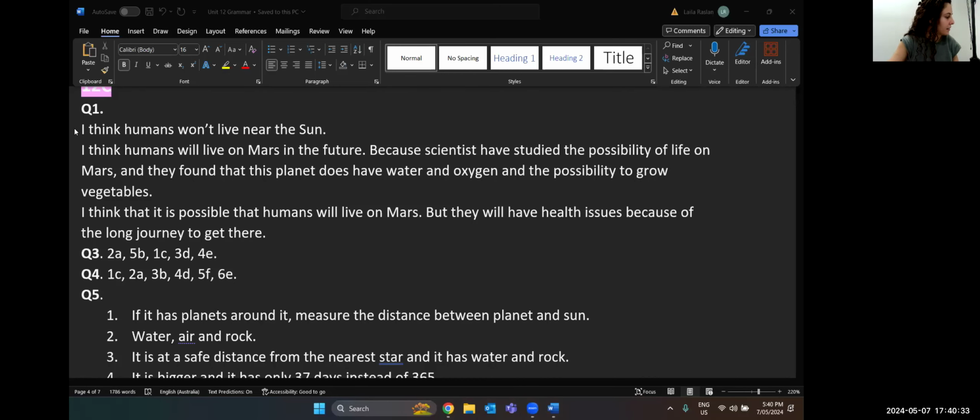So before we read the article, let's talk about, do you think that we will live anywhere else in the world? So not just on the earth.